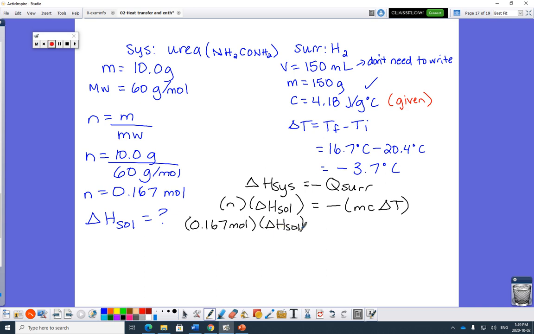We already said we don't know what this is. We have 150 grams, 4.18, negative 3.7.